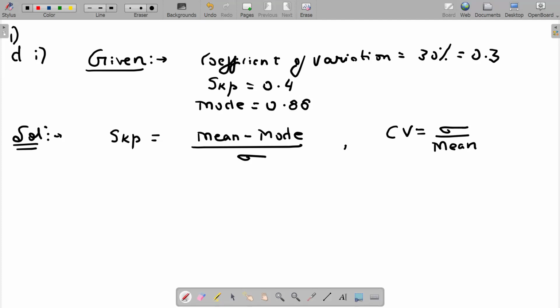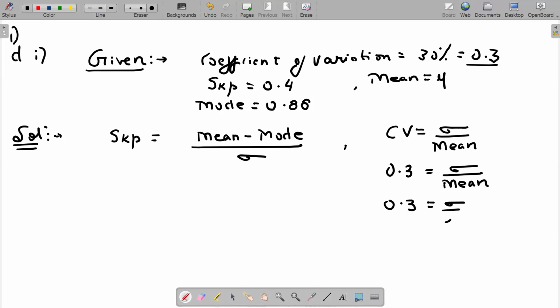So coefficient of variation is 0.3, given to us, equals sigma over the mean. Mean is what I need to calculate. So let mean be equal to mu. Usually we take the mean as mu. So I can say that 0.3 is equal to sigma over mu.